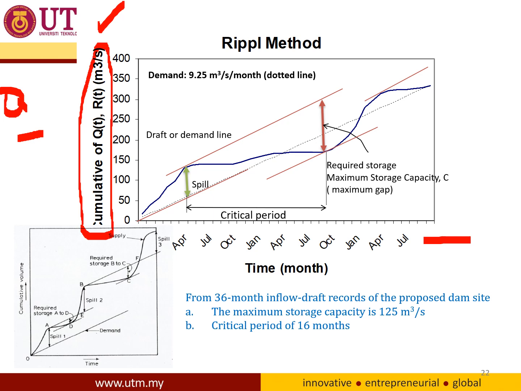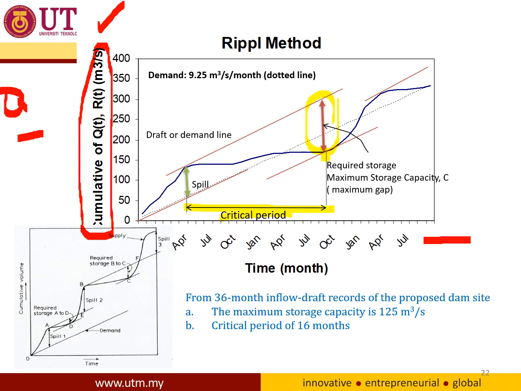Okay, and another thing is the critical period here. Because this is the maximum storage needed, the maximum deficit. This is the maximum deficit. So the critical period will be this period from the highest peak to the lowest peak here.